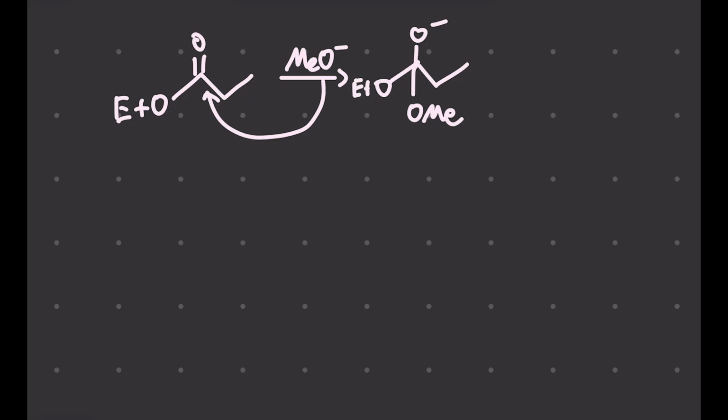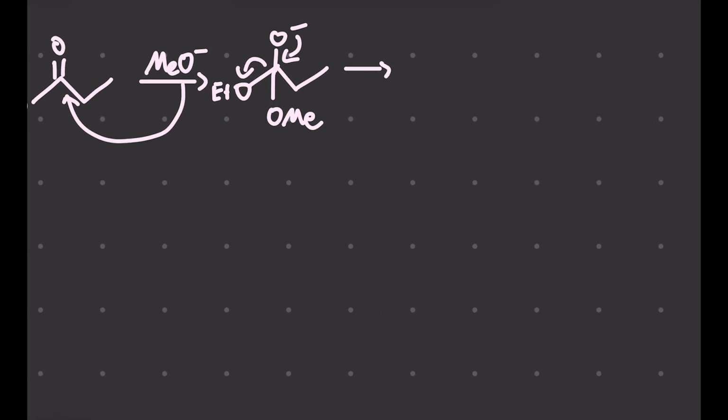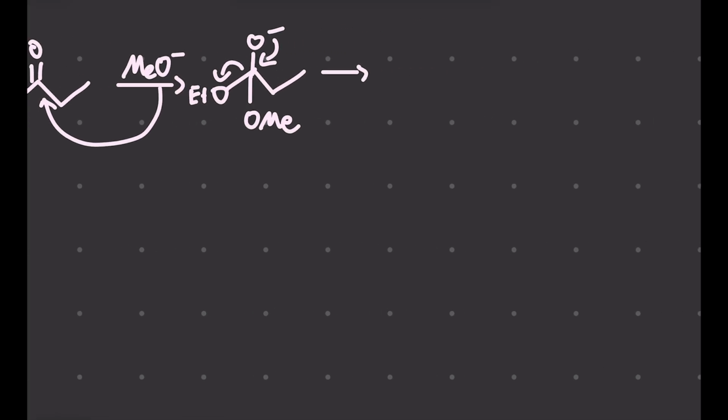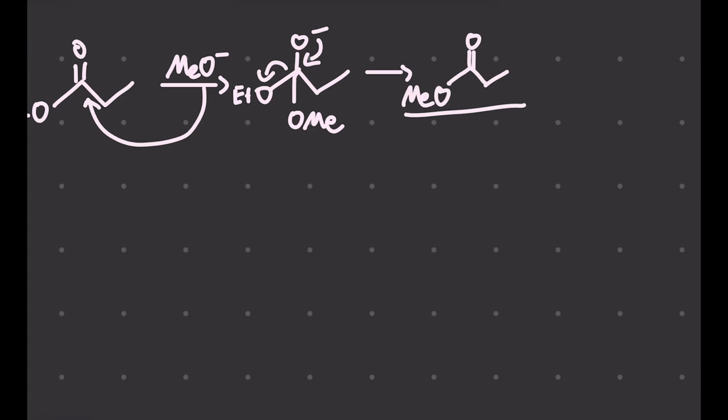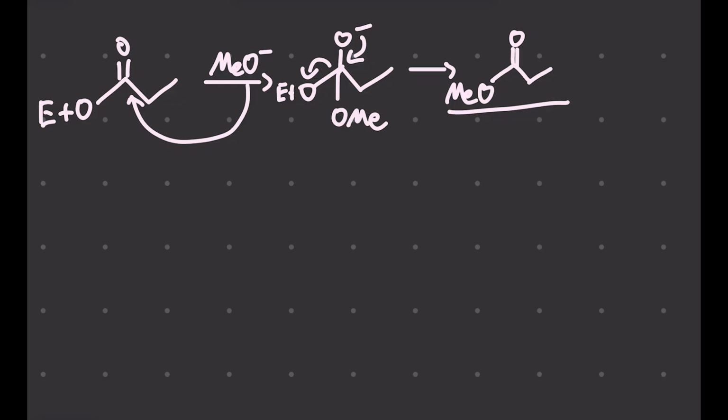And this will cause the compound to collapse and kick out the ethoxide, and it will give us a different ester, and so this will become a transesterification.